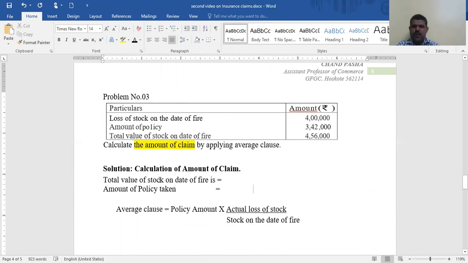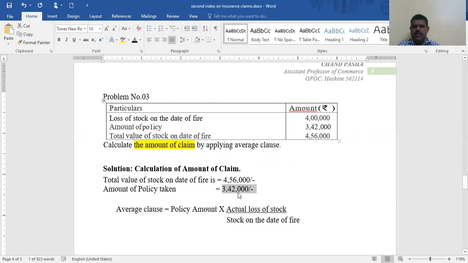Total value of stock on the date of fire, very clearly given, is 4,56,000. Next, write down the amount of policy taken.